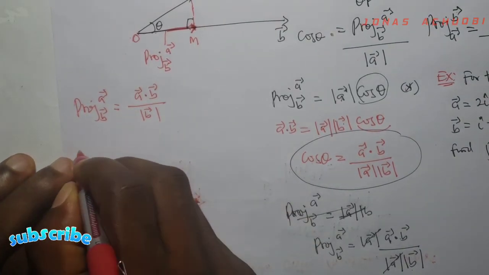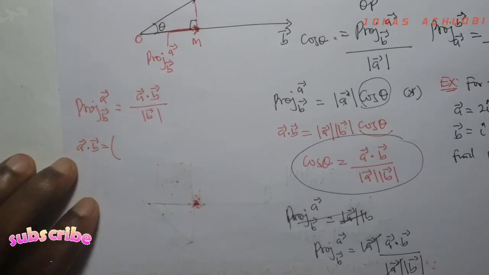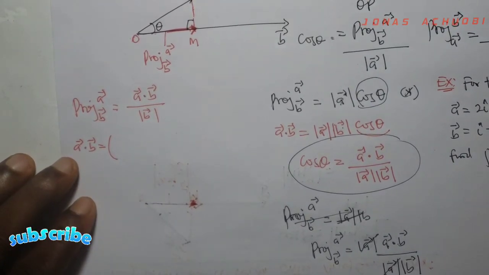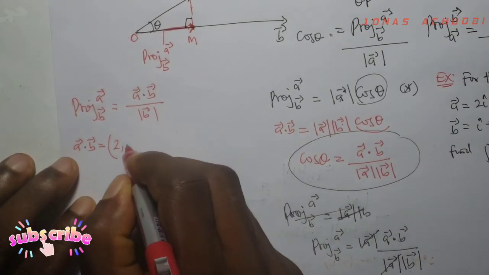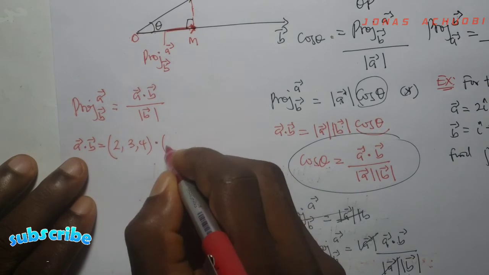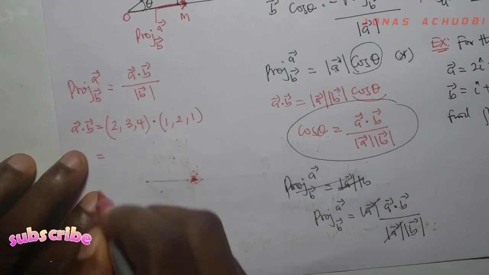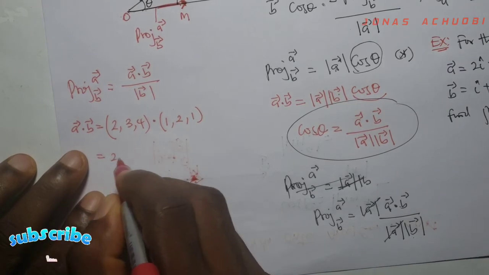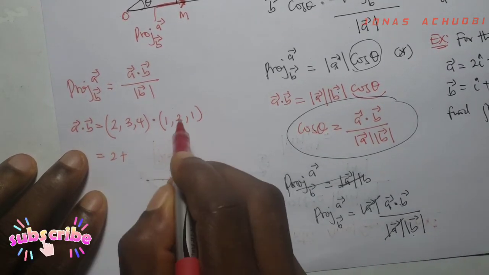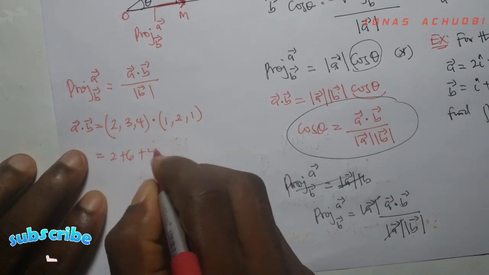First, the dot product. The components of vector A are 2, 3, and 4, dotted with vector B, 1, 2, and 1. So the dot product is 2 times 1 is 2, plus 3 times 2 is 6, plus 4 times 1 is 4.